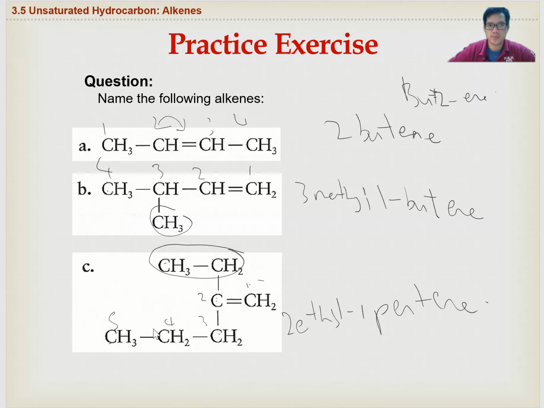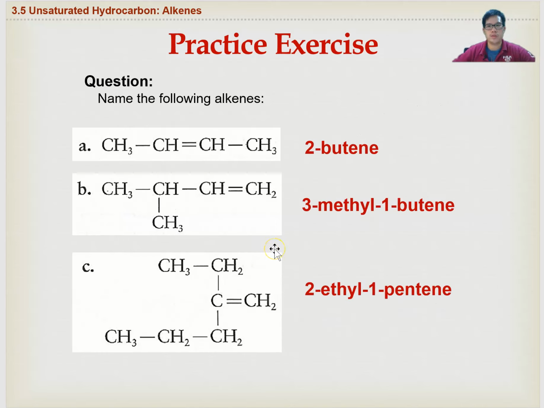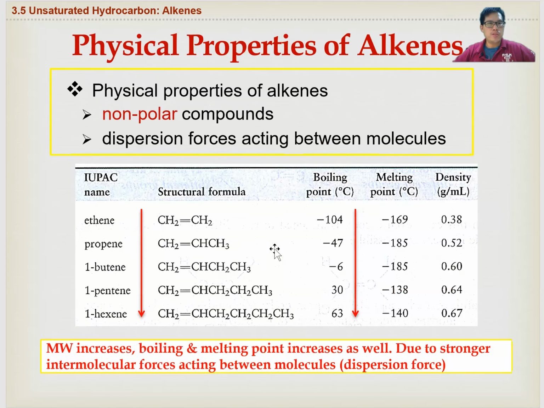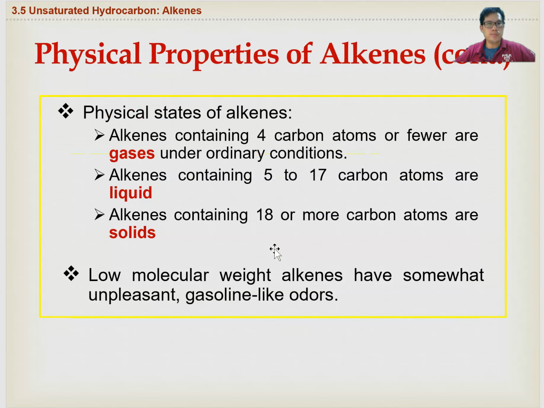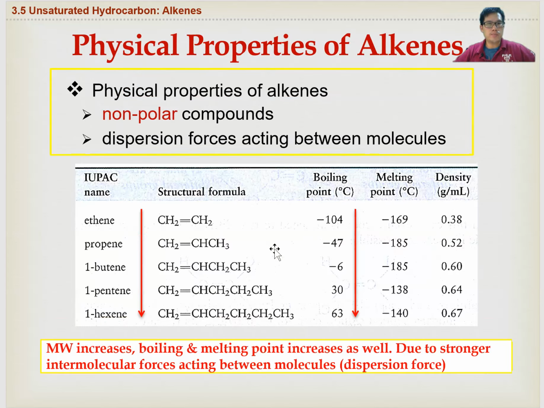When you're talking about the physical properties, they are very similar to the alkanes. The intermolecular force is also dispersion force. It's a weak force, but as you get a longer chain, it has stronger interactions. Because of stronger interactions, you have a higher boiling point and higher melting point.